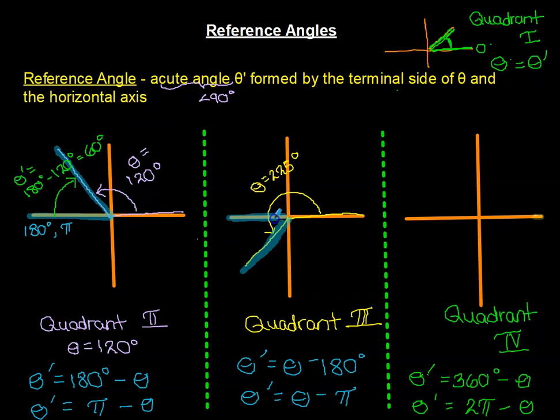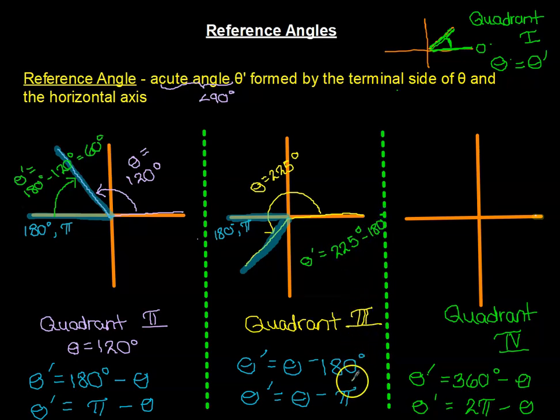The closest horizontal axis is still going to be 180 degrees or pi. But the only difference is in quadrant 3, any angle is going to be larger than 180 degrees. So to find the reference angle, I would take the angle minus 180 degrees.